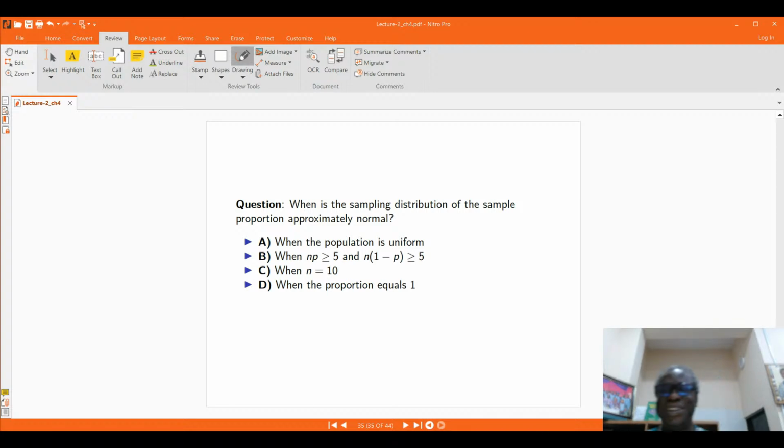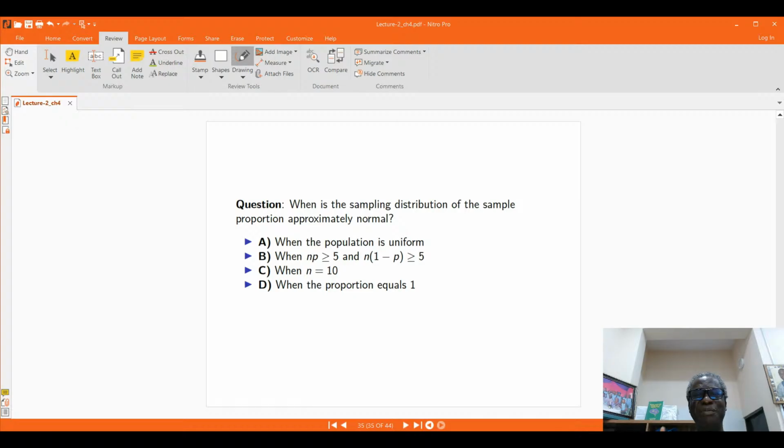The next question, I think question 6 now or so. When is the sampling distribution of the sample proportion approximately normal according to the central limit theorem? A, when the population is uniform.